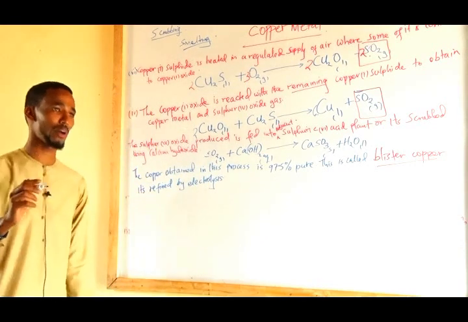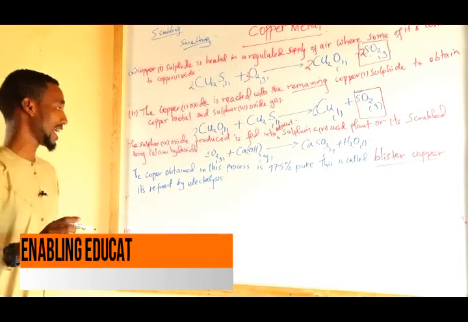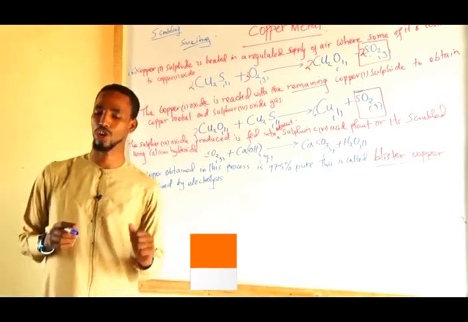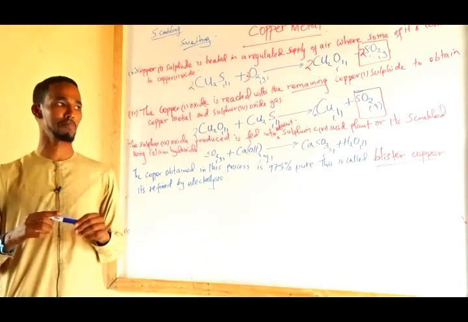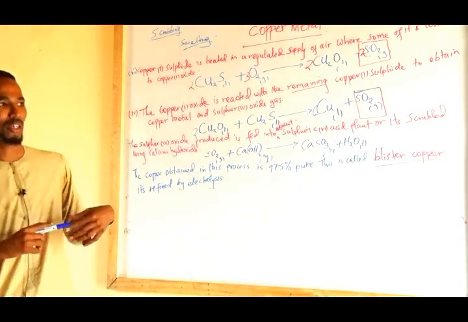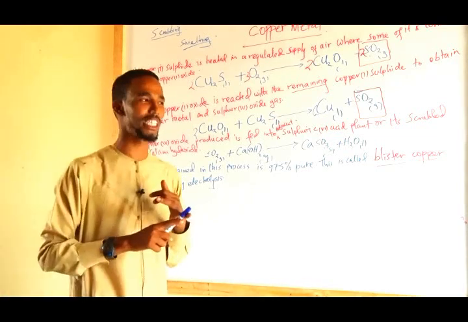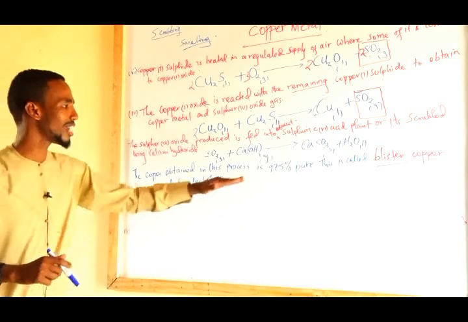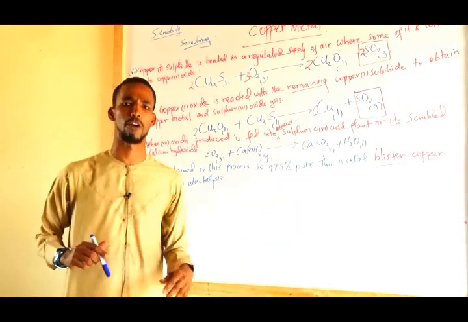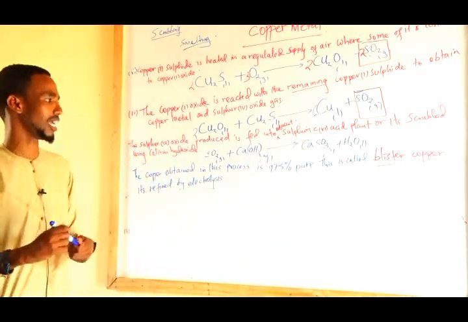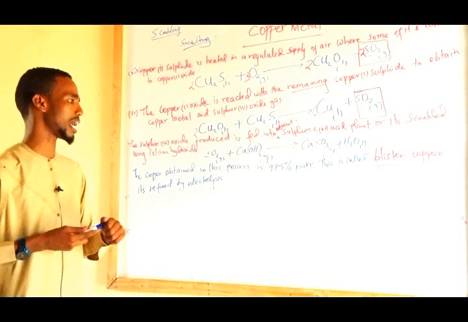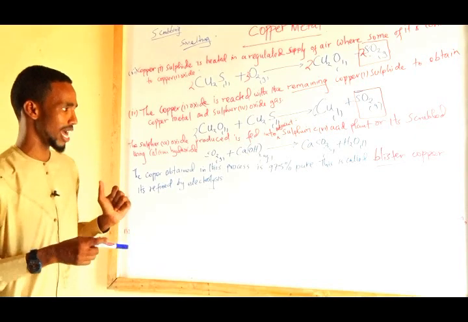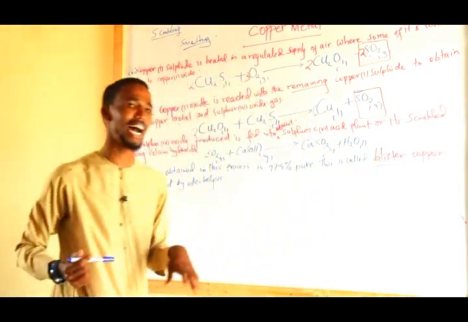So that is the reason why, when I was starting this lesson, I said copper takes up two methods of extraction. The first one, which has already been discussed, is the reduction method, and it gives us a copper which is 97.5% pure, called blister copper.